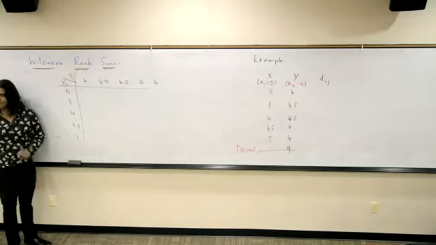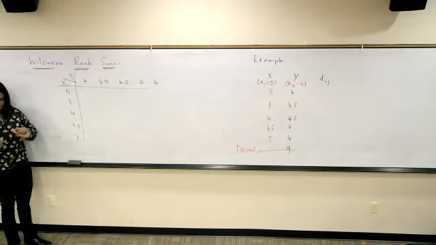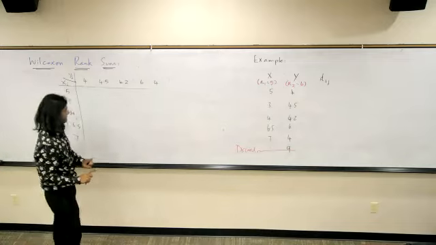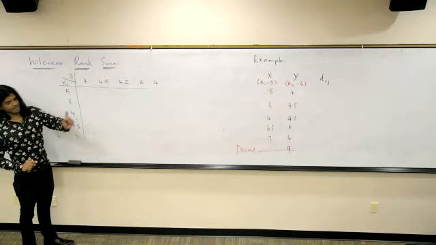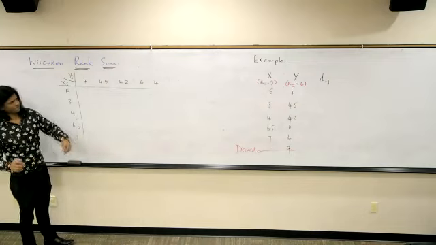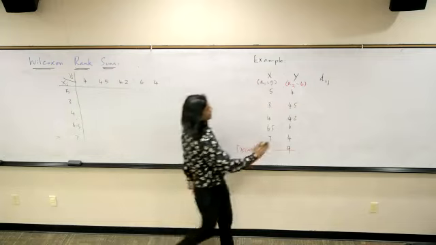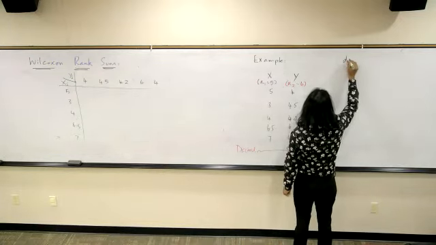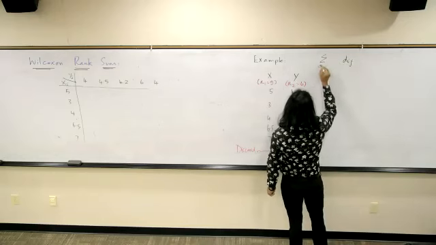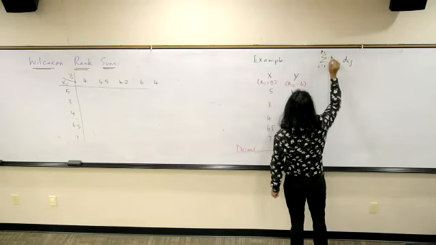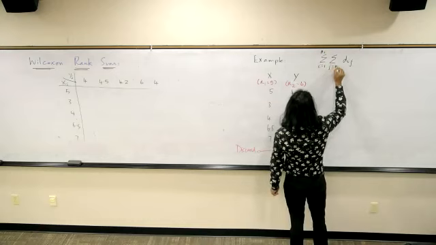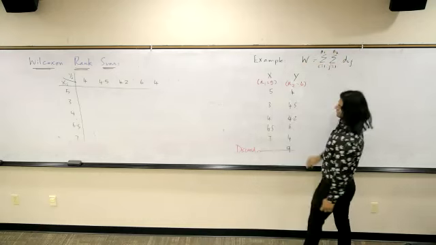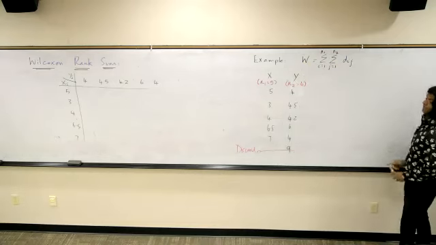The number of times that xi is bigger than yj is going to give us dij, and write the statistic as well.